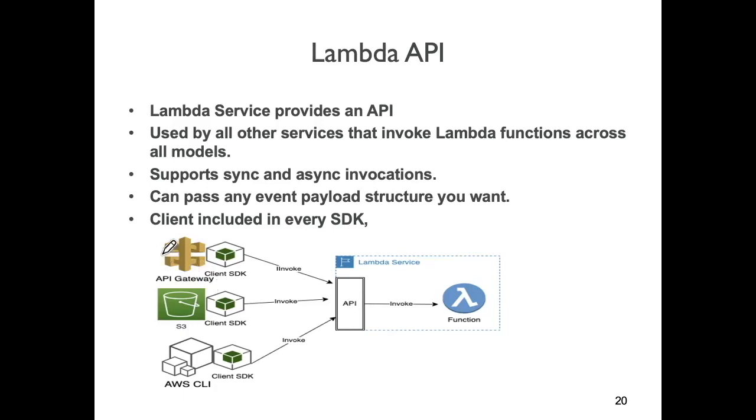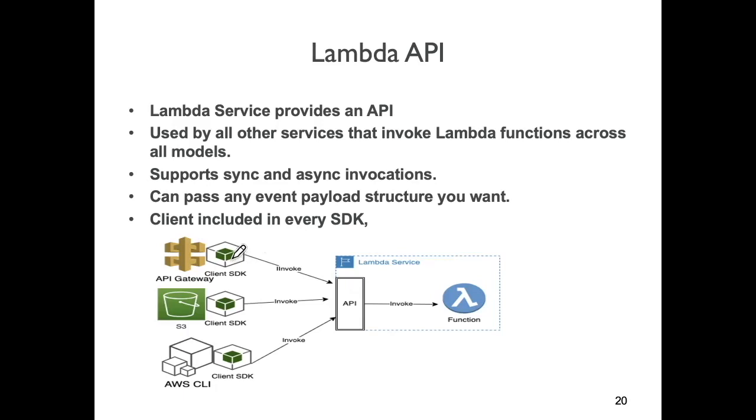Now, on the client side, you don't want to be making raw network calls. And so for that reason, for the API that the service provides, there is an SDK provided by the AWS service that just makes the invocation programmatic rather than having to make HTTP calls.